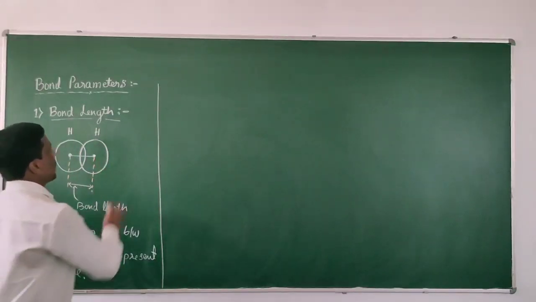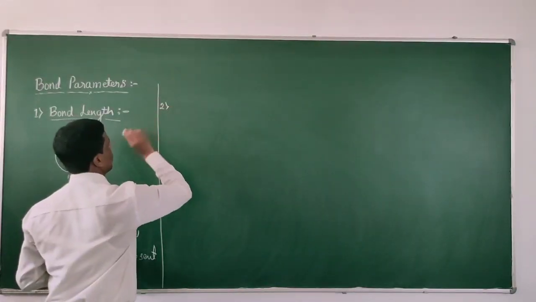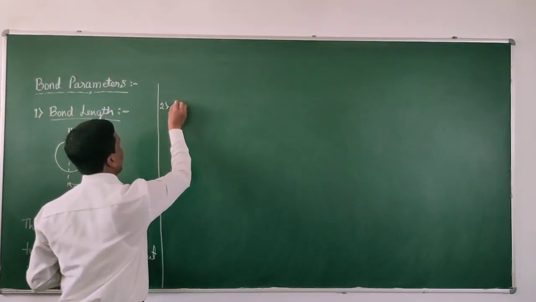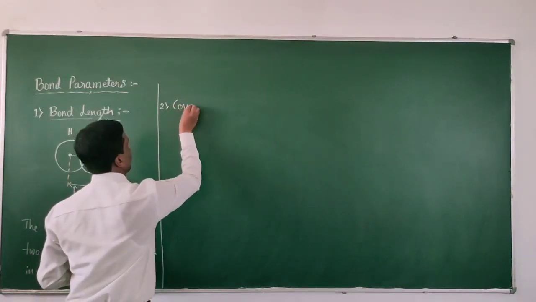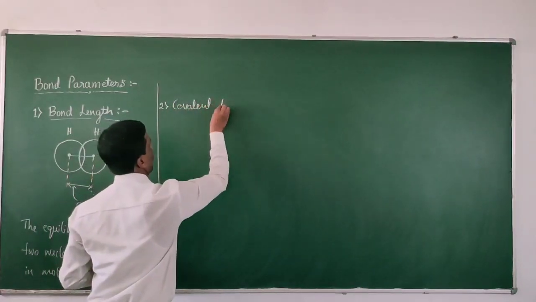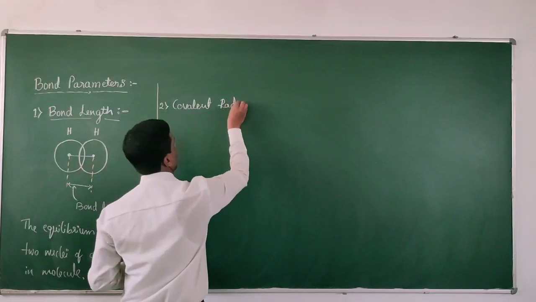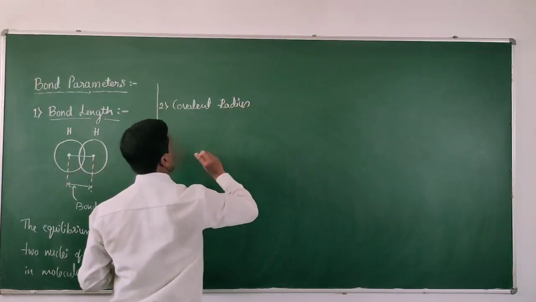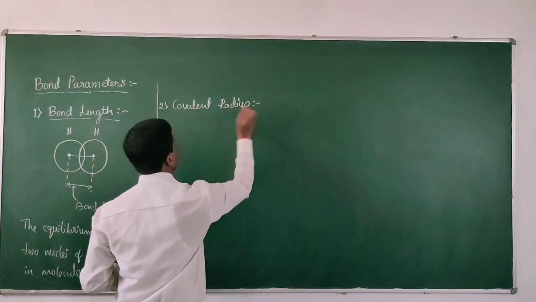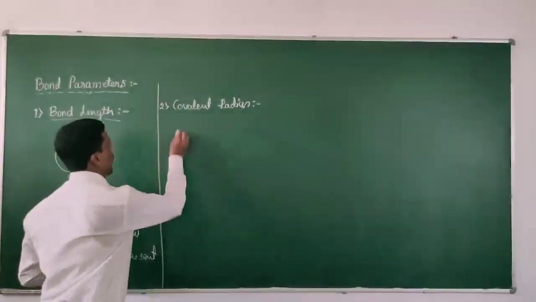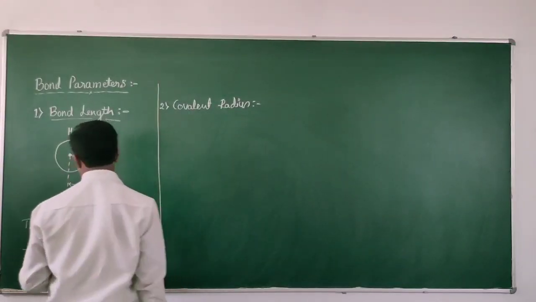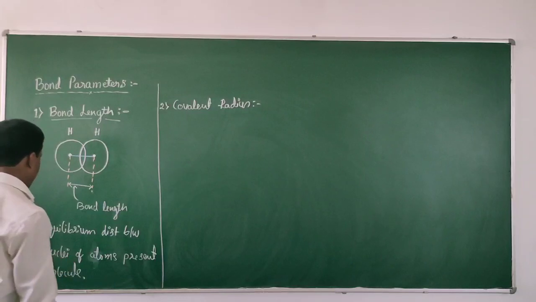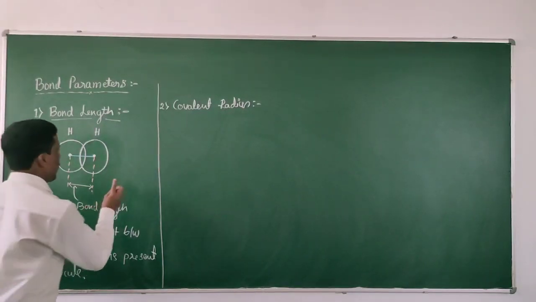Okay, second one is covalent radius. What is covalent radius? Again draw the diagram. Okay, one more thing I want to explain here.